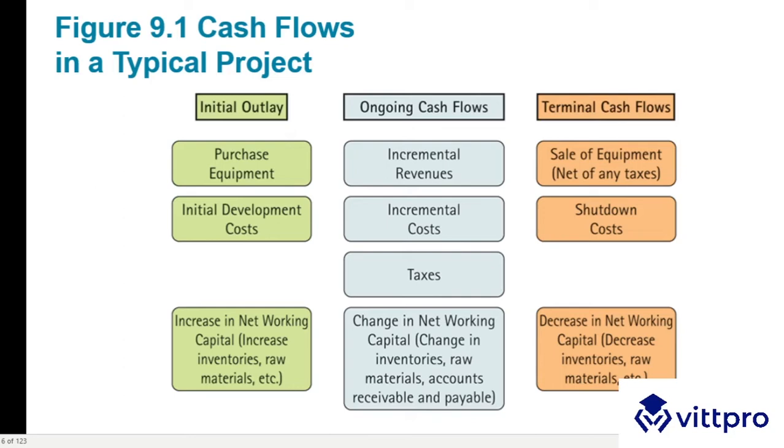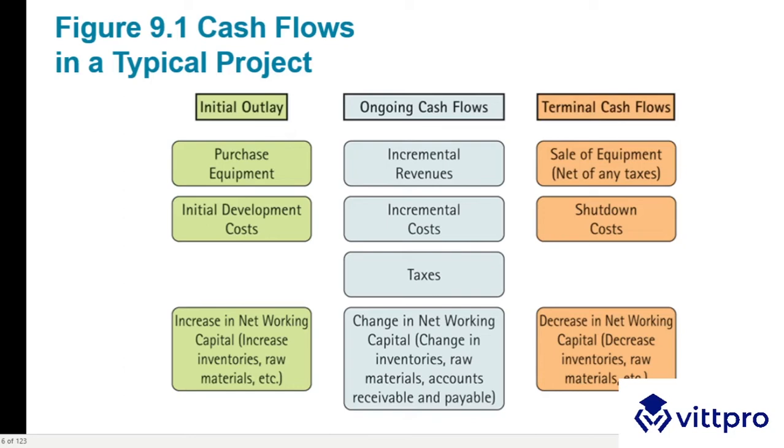And then there is an ongoing cash flow. So ongoing cash flows come from extra revenue, extra income, minus the taxes and minus the change in working capital based on the future years, right? And then usually there is a terminal cash flow. So at the end of the project there is a sale of equipment, and you may have to pay the taxes.